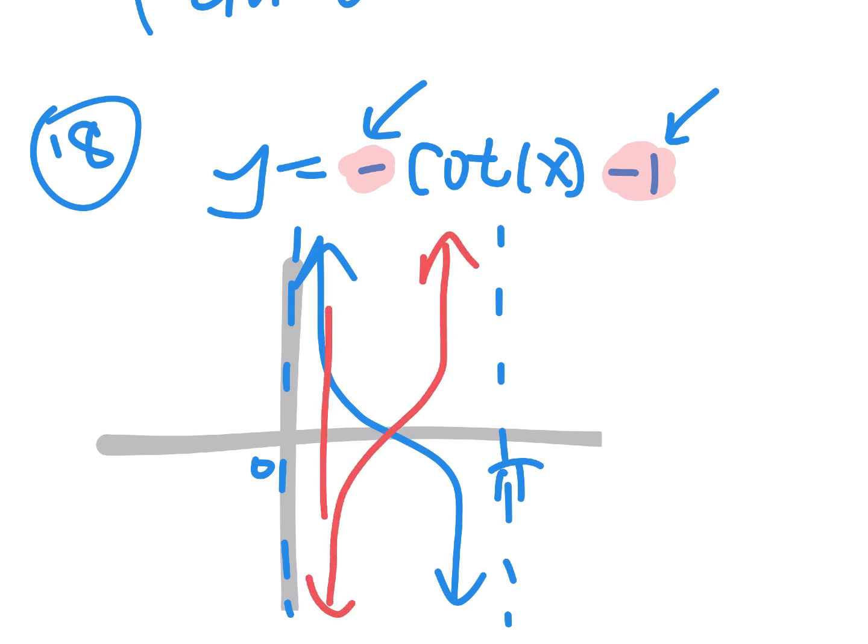What was up goes down, and what was down goes back up. Okay, so it's the red one now. And then the whole red graph would move down 1. Every one of these dots here, you could just move it down 1. All right, so that's cotangent.